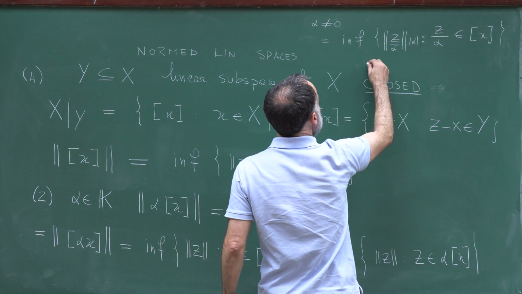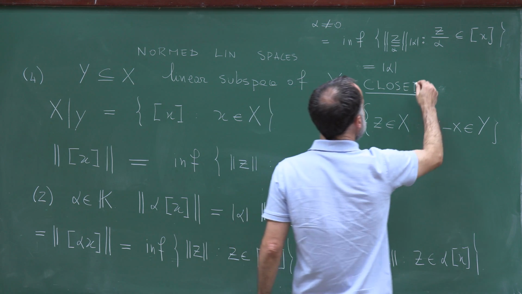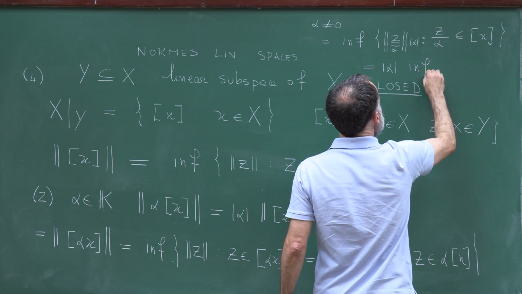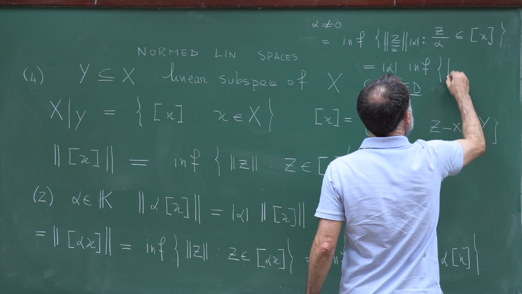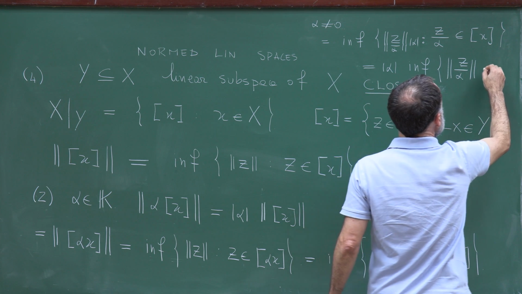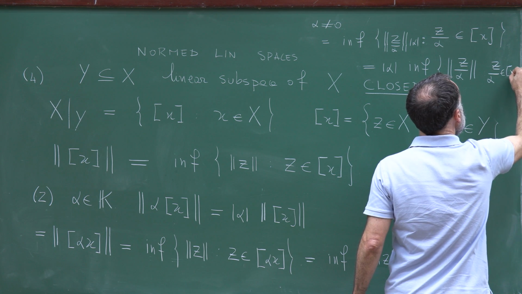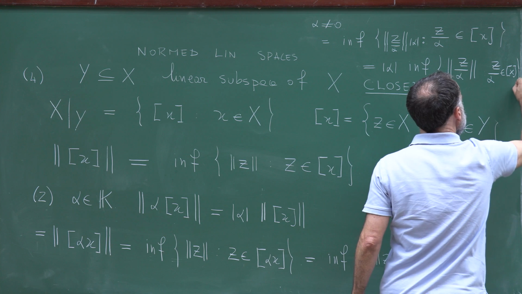So I can remove from the infimum the absolute value of alpha, and I get that this is the infimum over z divided by alpha, such that z divided by alpha belongs to the equivalence class of x.